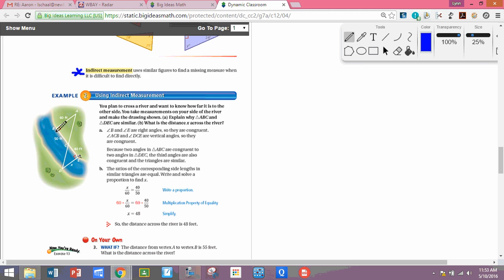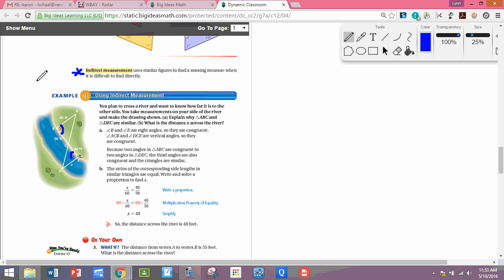You can measure your length from the river's edge to a point here, and it should be about the same length as the other. Then from here to here you can measure. Then what happens is, they're asking you to explain, but if this angle is 90 degrees and this angle is 90 degrees, we only have two angle measures.